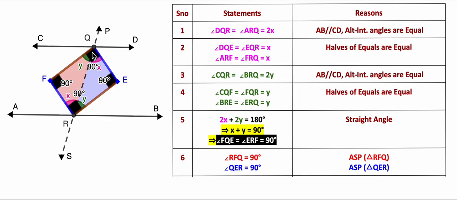Further, if we look at this figure, there is a red triangle here and a blue triangle here. Now in this red triangle, we have x and y, and x plus y is 90. Now if x plus y is 90 and total sum of the angles of a triangle is 180, then the third angle has to become 90 because of angle sum property.